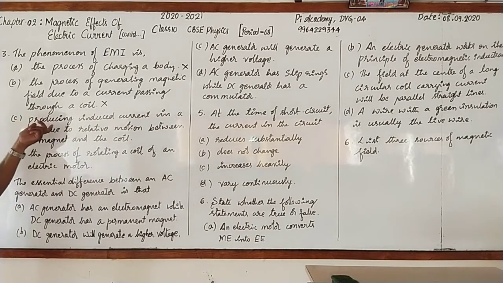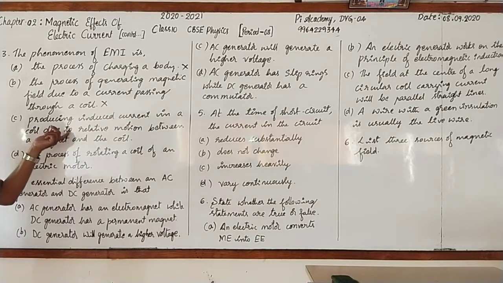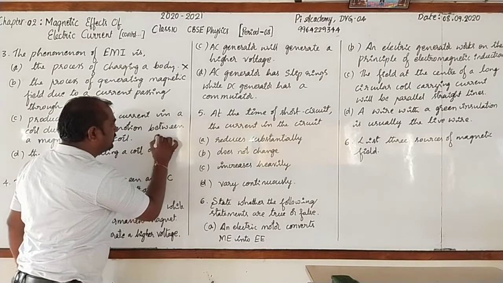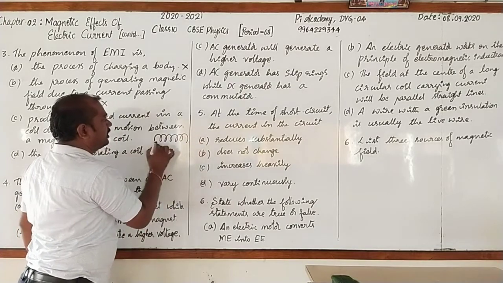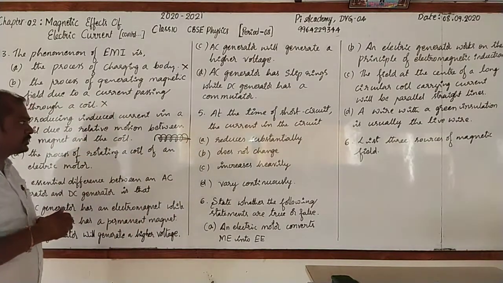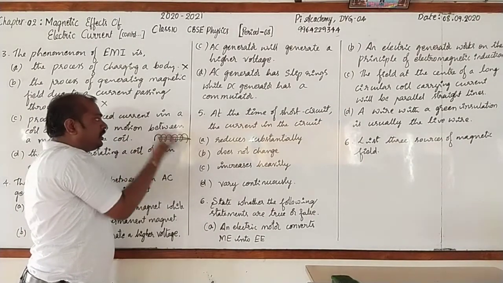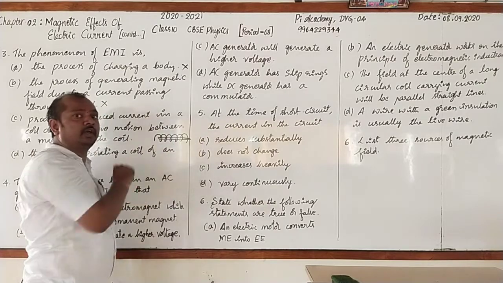Third one, producing induced current in a coil due to relative motion between a magnet and the coil. Right? See, when you consider the coil and here is the magnet, if there is relative motion, that means you may move the magnet or you may move the coil.